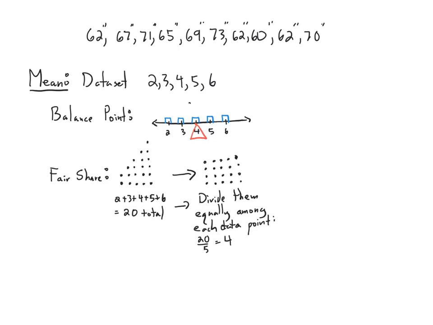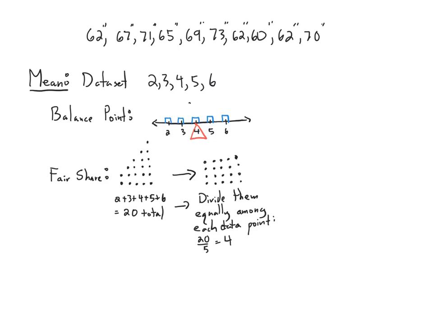We can think of the mean as the balance point of this data. And what does that mean? Well, imagine an infinitely long and infinitely thin number line, and we had these little weights. At each data point, we dropped a little weight.